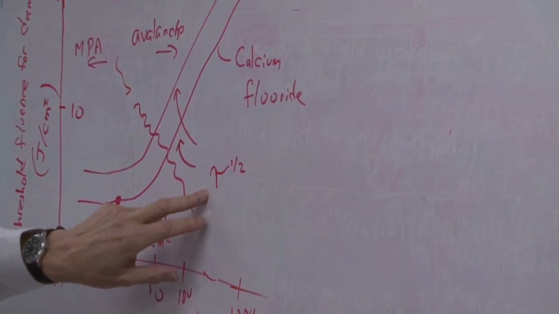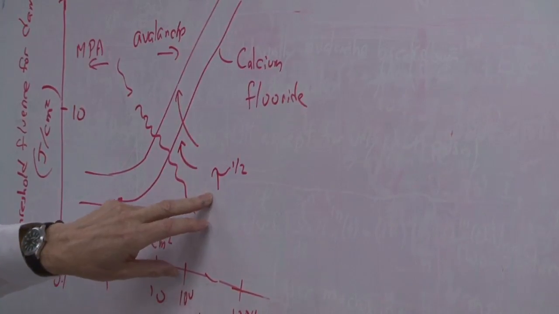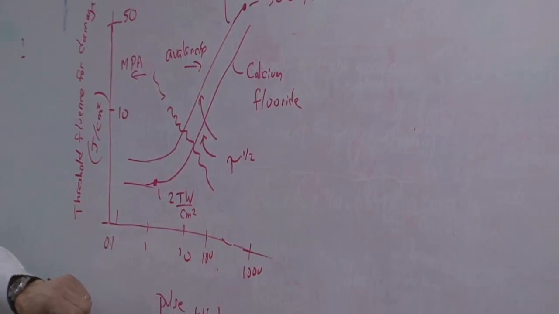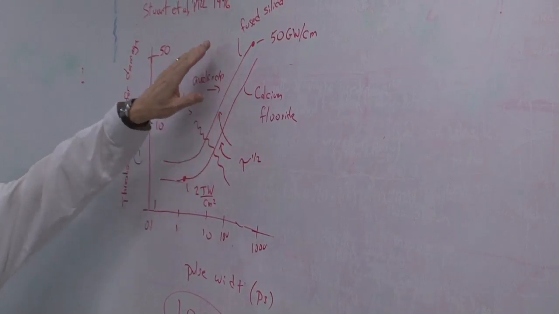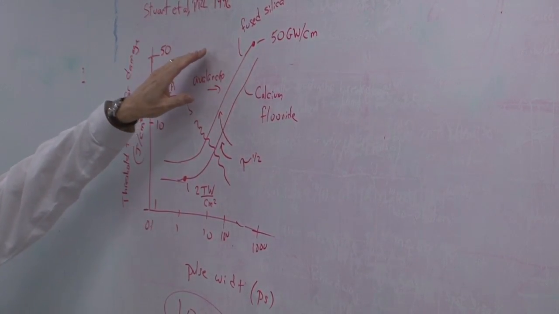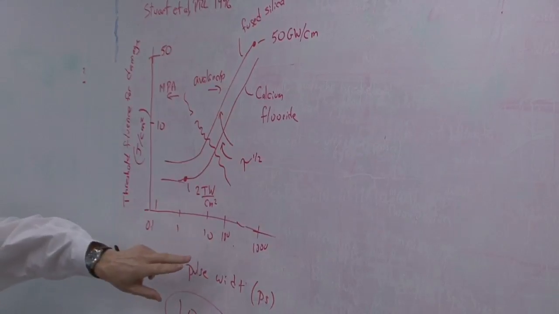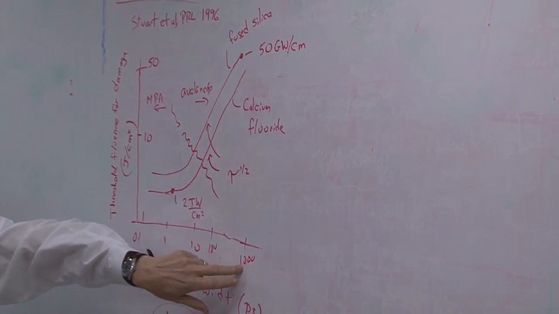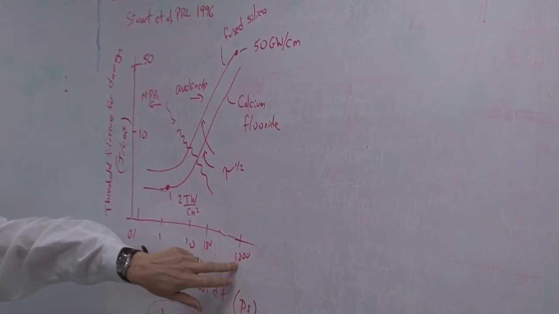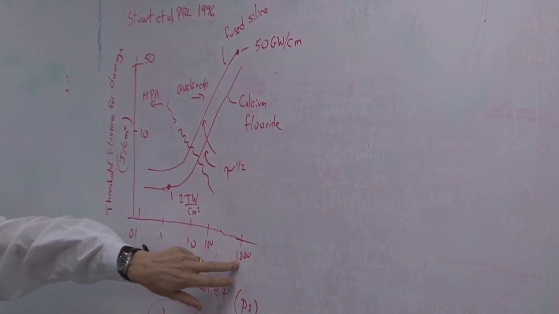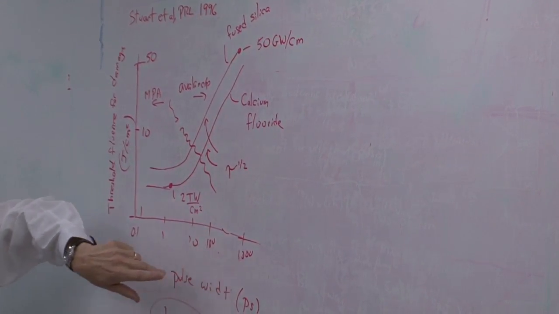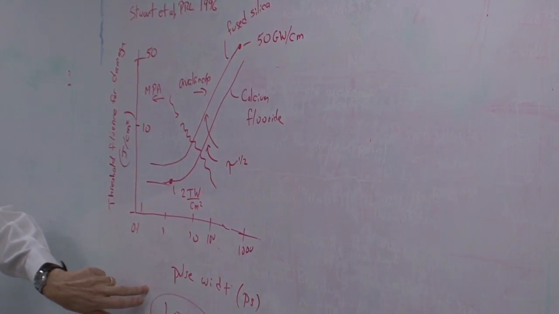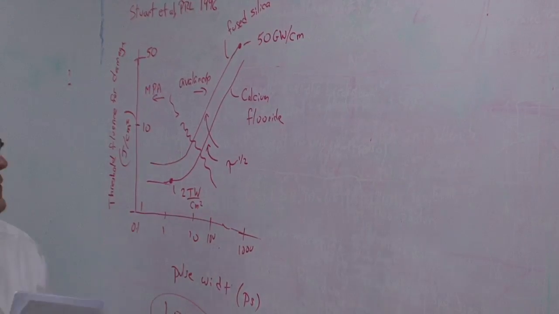So look at what this means. If you care about how much energy a material can take, use as long a pulse as possible. On the other hand, if you care about how much intensity a material can take, use as short a pulse as possible. Those are the takeaway messages here.